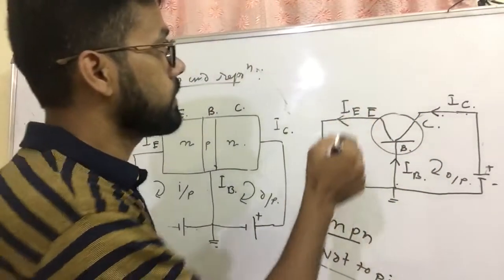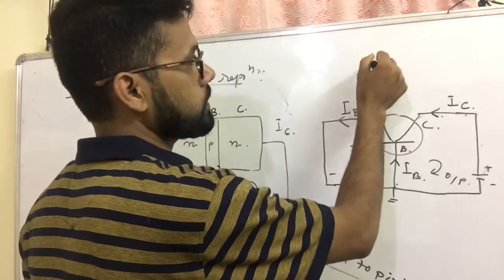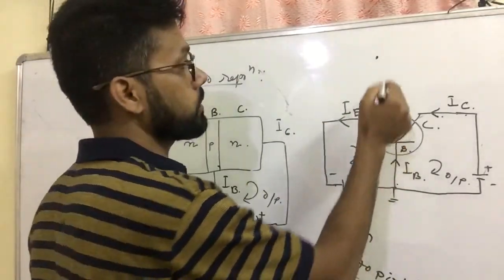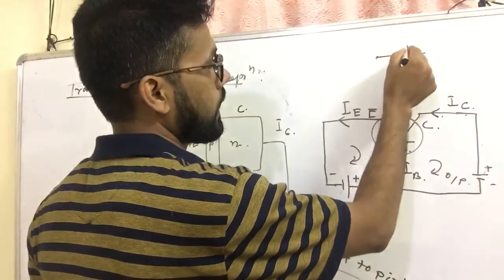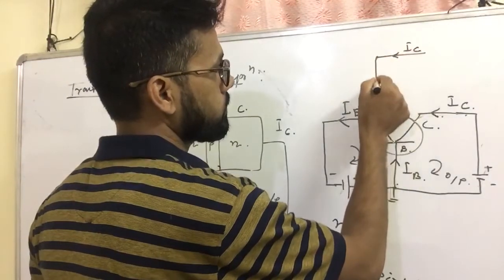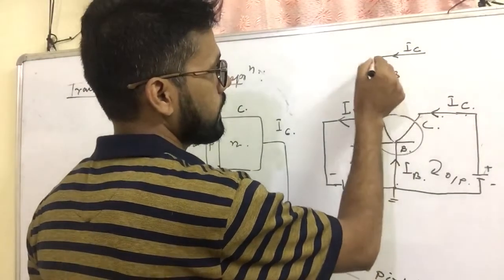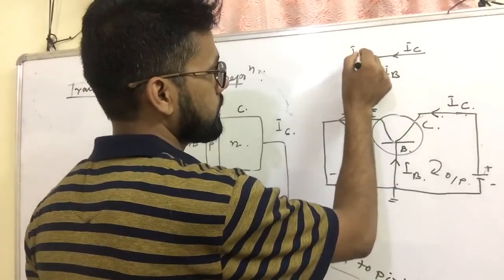Why? Kirchhoff's law, at a junction point. Suppose this is a junction point. This is the collector current IC, this is the base current IB, and this is IE.